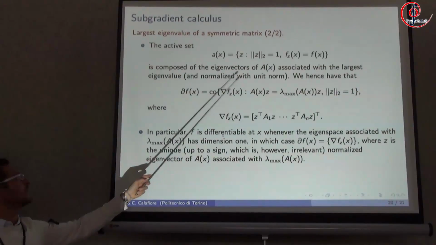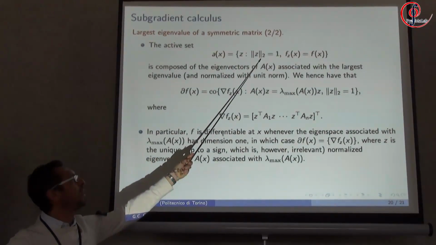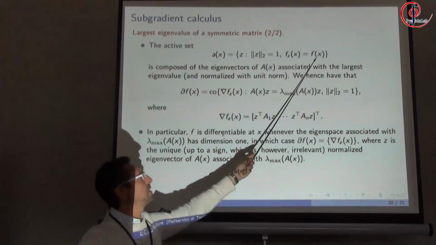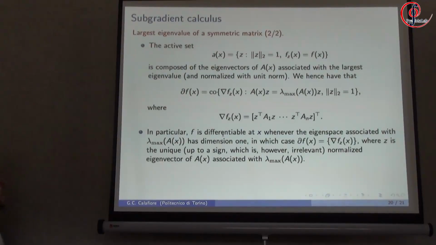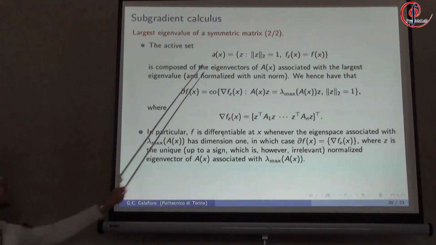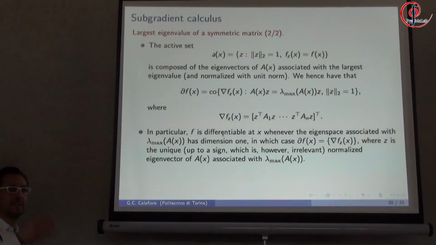The active set is the set of those vectors z of norm 1 where the lambda max function is obtained. What are those vectors? Well, simply these are the eigenvectors of A(x) associated to the maximum eigenvalue.